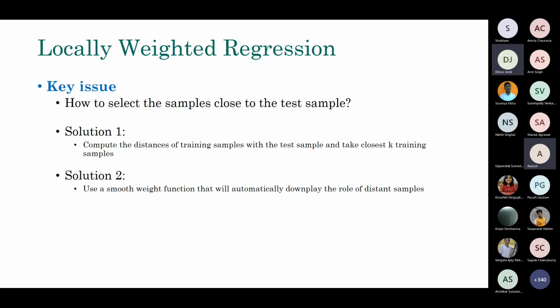Because you are computing the distance between the training samples and the test sample, you do not want the samples which are far apart from the test sample to contribute to your learning. So the nature of the weight function is such that it will automatically downplay the role of distant samples. If the distance is very high, the weight function will give the value 0, something like this.